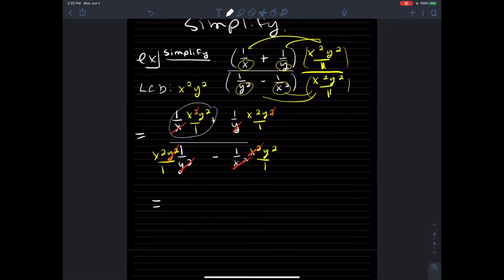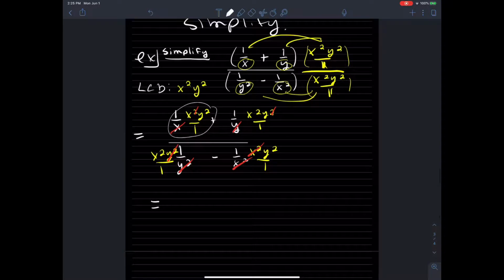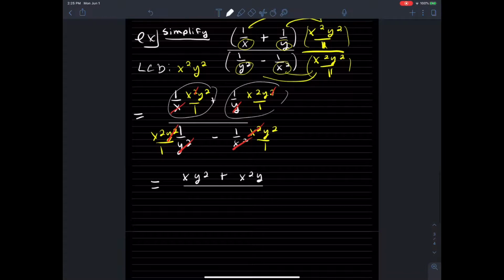It eliminates all of our fractions, complex fractions. So up here, the first term that I have circled, we're left with xy squared, right? xy squared, no fraction, plus the second term here is x squared y left. And then on the bottom, again, it cleared my fractions. On the bottom, it's just x squared minus y squared.